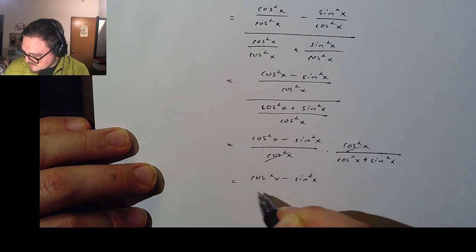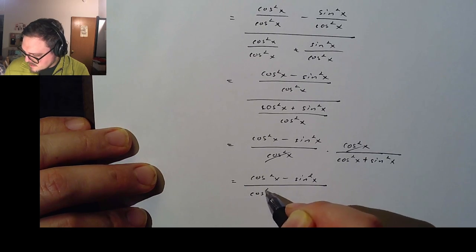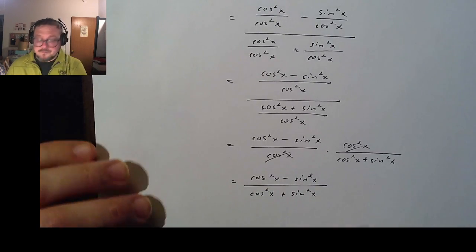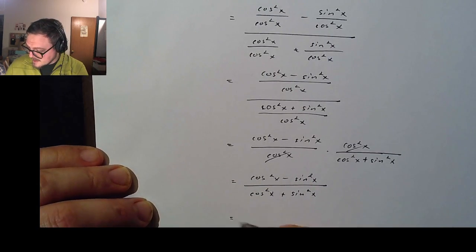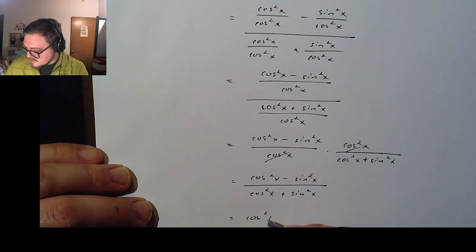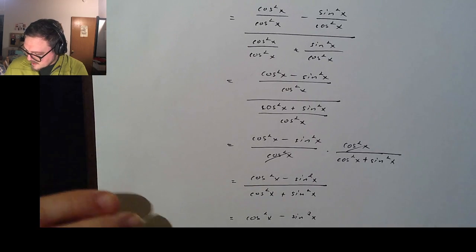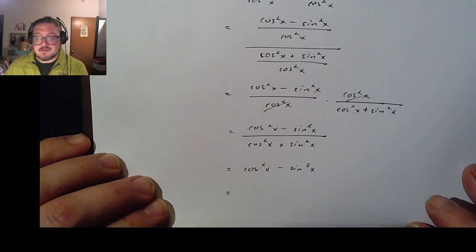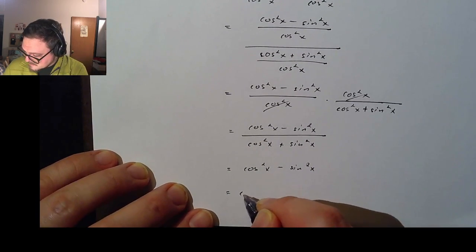In fact, that denominator should be very apparent by now that it is 1. And by Pythagorean identity, this is cosine squared x minus sine squared x. Excuse my handwriting, I'm at the bottom here. And this, almost by identity itself, is just cosine 2x.